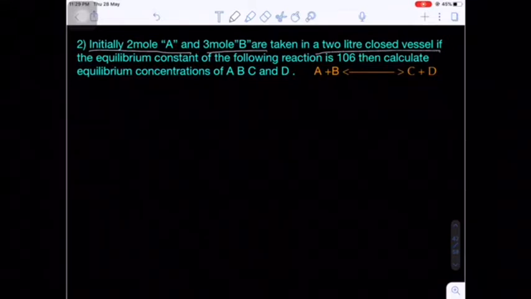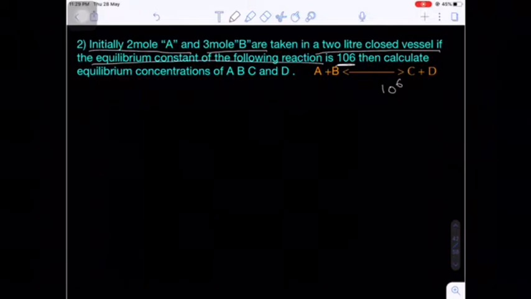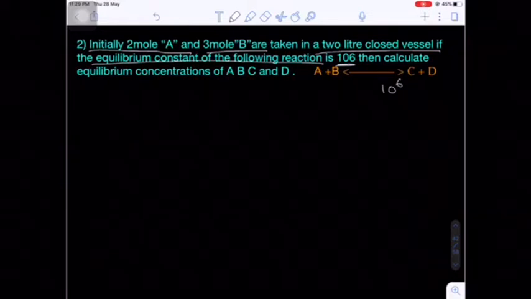If the equilibrium constant of the reaction is 10 raised to 6, then calculate the equilibrium concentrations of A, B, C and D. The reaction is given: A plus B in equilibrium with C plus D. First of all, write the given reaction.